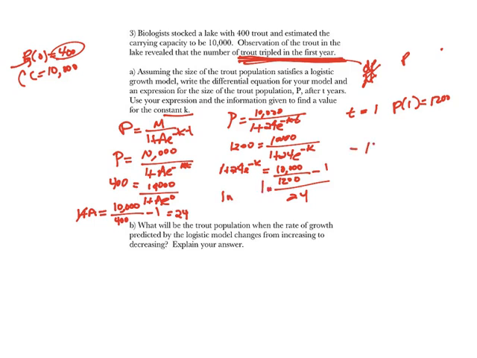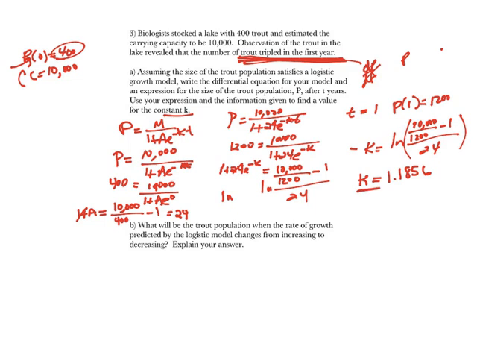So I will have negative k equals the natural log of 10,000 over 1,200 minus 1, all over 24. It is important to not round until the last step so that you get a better answer. And then I actually will change my signs. So when I type that in my calculator, I do get a negative value for the ln, but then because that's a negative k, that means it's 1.1856. Okay? So that would be my population growth constant.